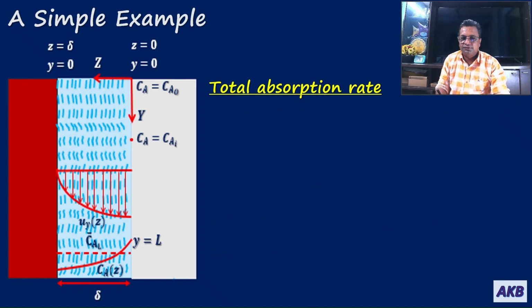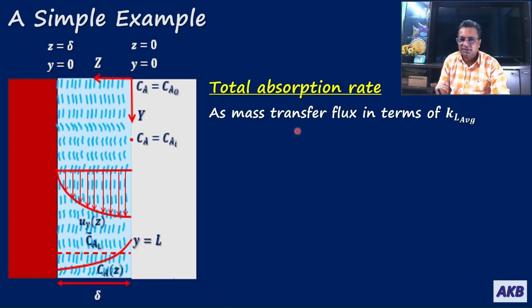Okay, now if you have to express the rate as the mass transfer flux, we will have to express it in terms of the mass transfer coefficient KL average. We have the equation RA average equals U y bar into delta into CAL bar minus CA0. RA average is the absorption rate in moles per unit time.